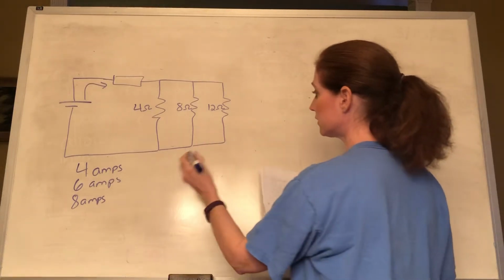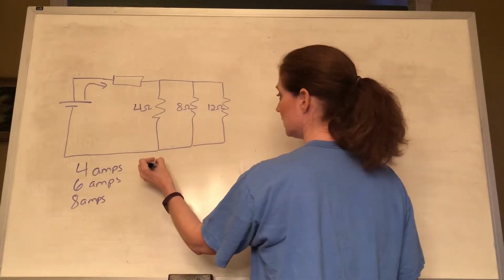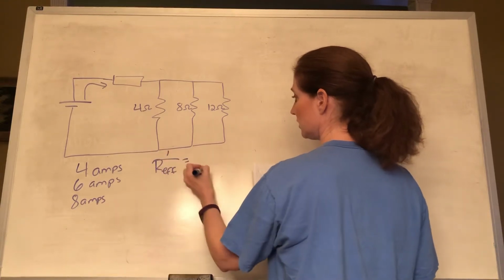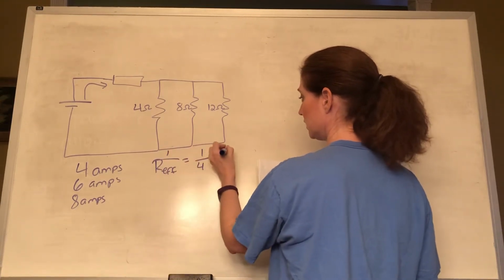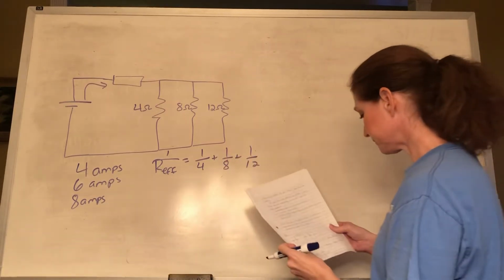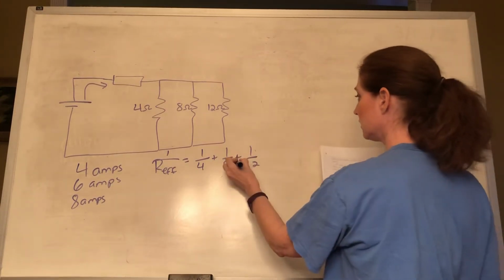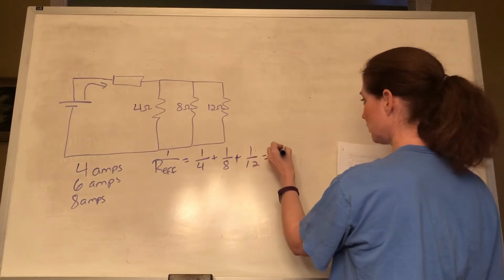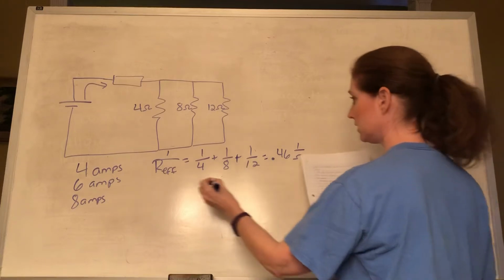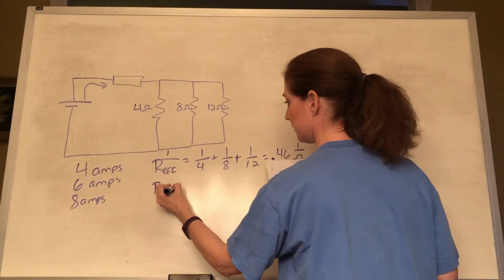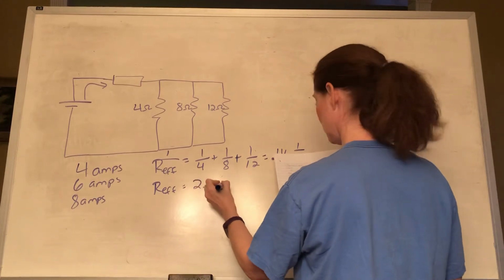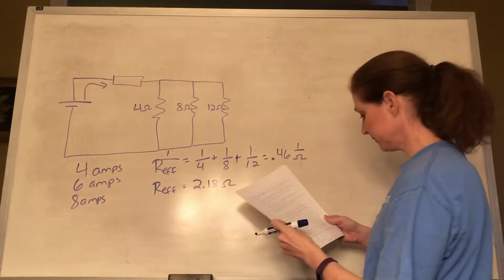So find our R effective. It's going to be 1/4 plus 1/8 plus 1/12. That gives us 0.46 1/ohms, and R effective is going to be 2.18 ohms.